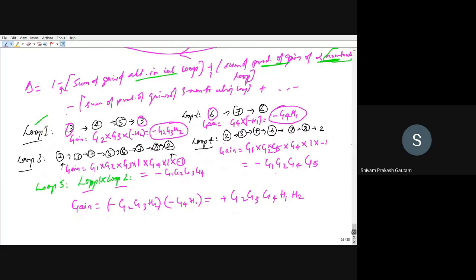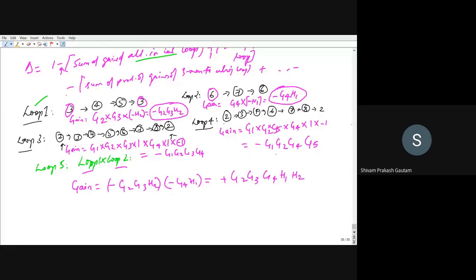Yes, sir. Now we will calculate del. So del will be equal to 1 minus the sum of gains of all individual loops. The individual loops are loop 1, loop 2, loop 3, and loop 4. So we write the gains of all individual loops: minus of G2, G3, H2. Loop 2: minus G4 H1. Why am I writing minus? Because you can see minus is here, otherwise it will be plus.